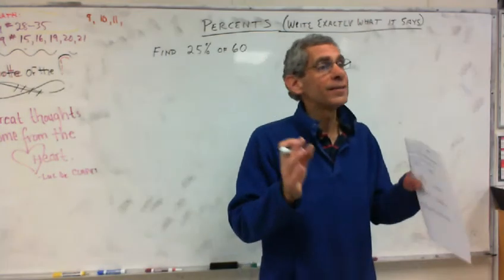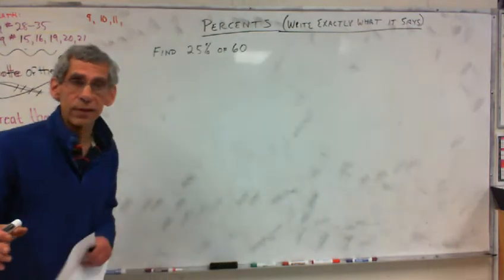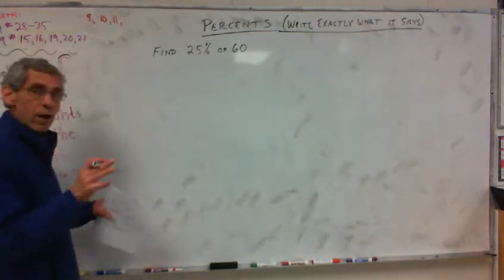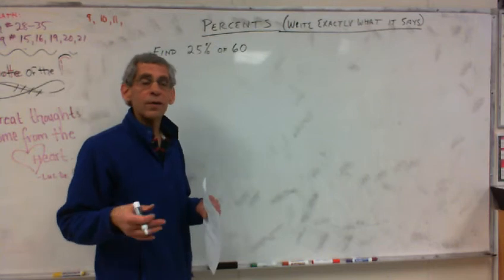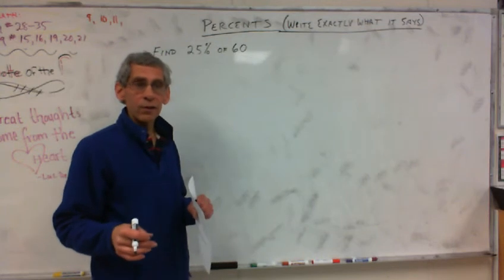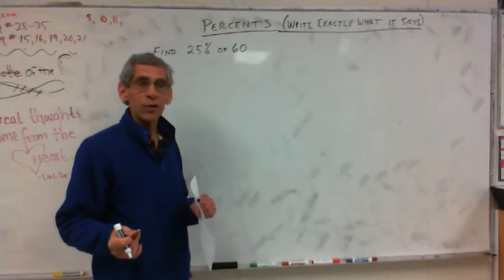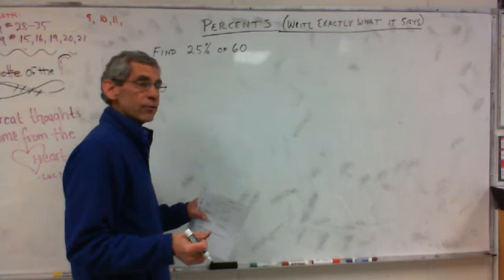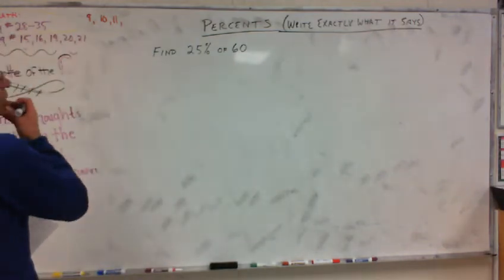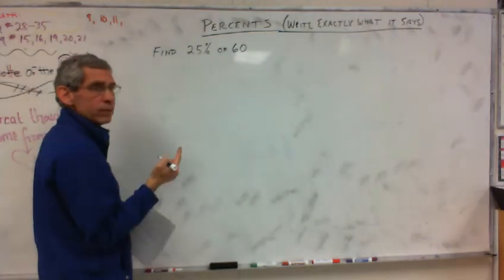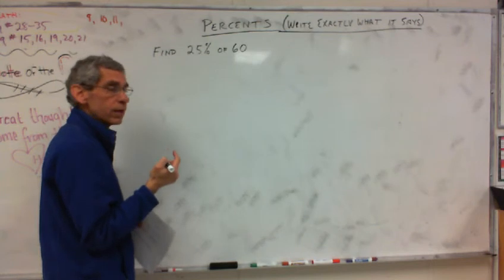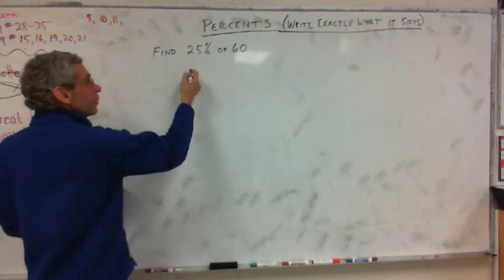I want to set it up. I'm starting easy. I'm not going to give you a hard one now, but once you get it down, I'm going to give you hard ones you can't do in your head. So if you don't know how to do it algebraically, you're in trouble. So find 25%. I'm going to turn this into a decimal. It's always easier to turn percents into a decimal. So what would that be?